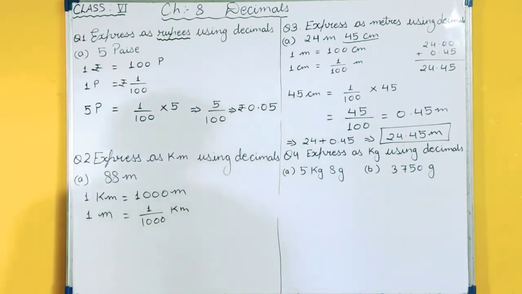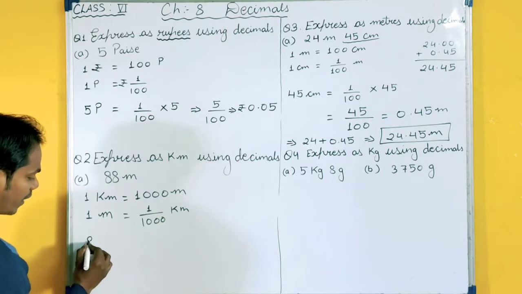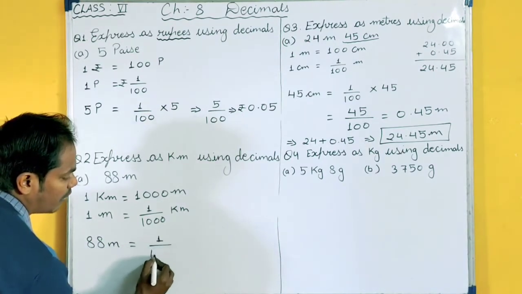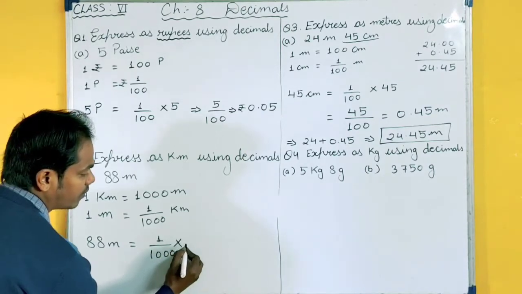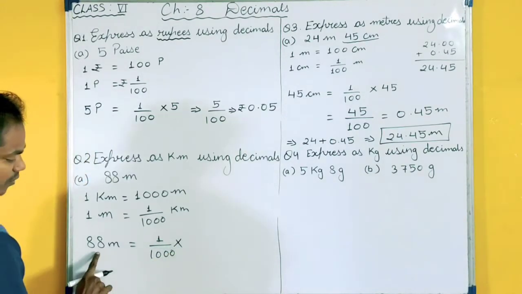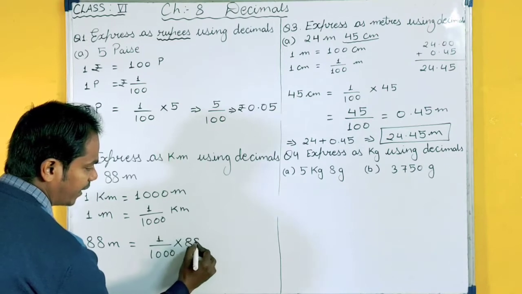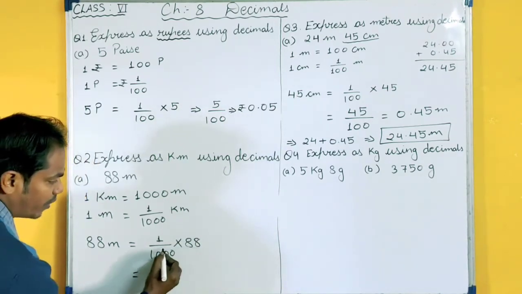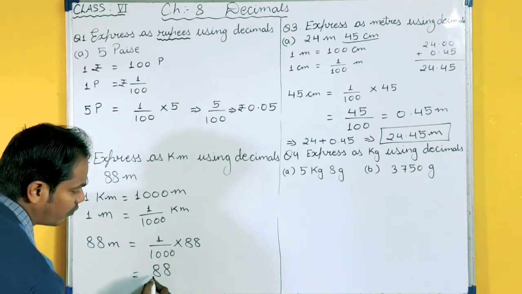So you have to convert it into kilometer. So 88 meter is equal to 1 upon 1000 multiplied by 88. We are converting it to kilometer. So 88 upon 1000.